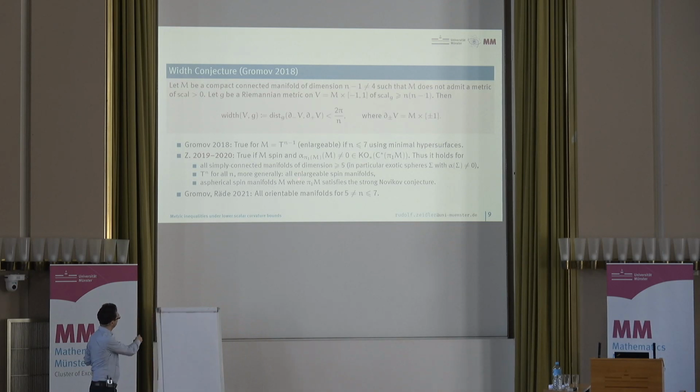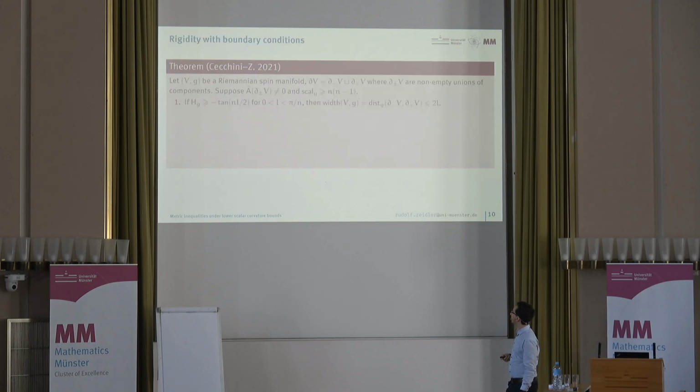I now want to highlight one more result which we got a little bit later, which is related to this and gives you a little more geometric feeling for what is happening when you approach this bound. And that also includes a rigidity result. This is a result of myself together with Simone Cecchini, where we consider a more general Riemannian spin manifold which has two boundary components.